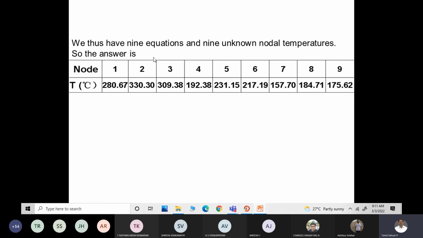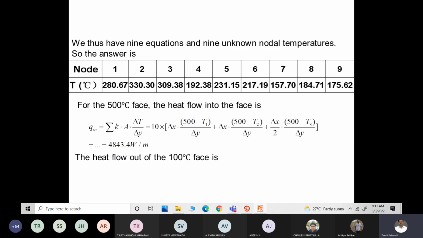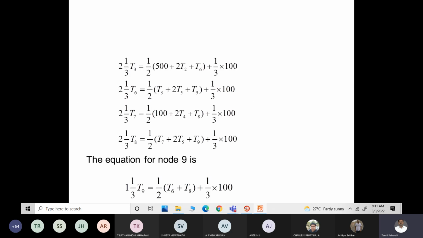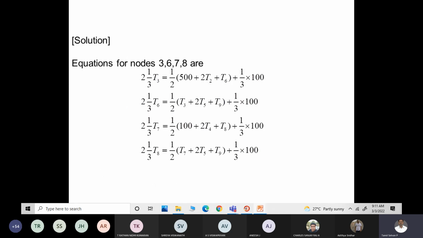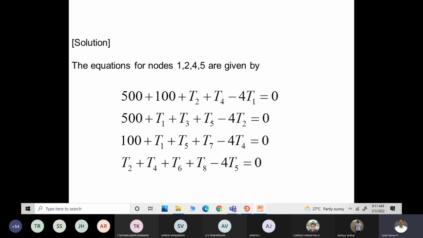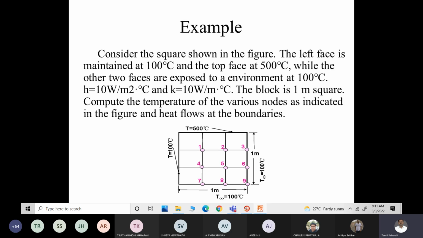It involves so many iterations, or we have to use the help of software to get the solution. So when it is given in the examination, you are expected to write these 9 equations. You have nine points.